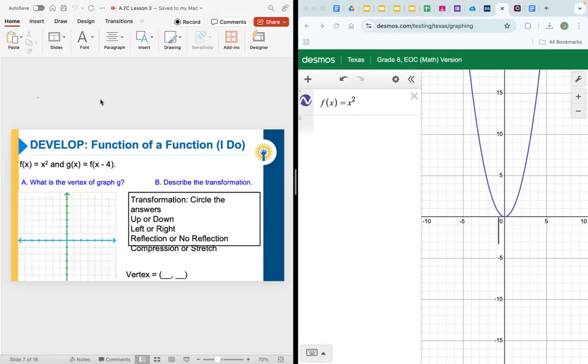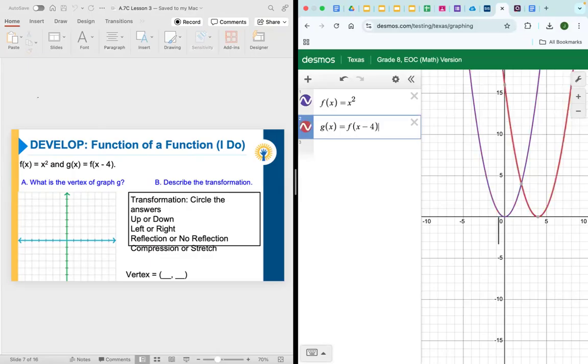Now we're going to put everything together and locate the vertex of our new equation. Starting at f of x equals x squared, our new equation is g of x equals f of x minus 4, just like they gave us.